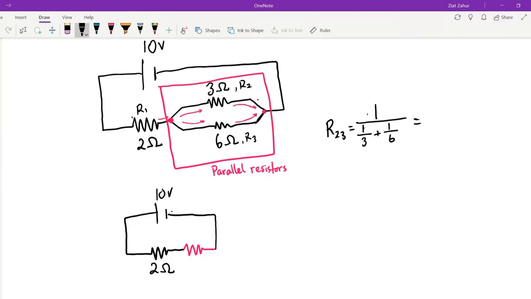That's 18 over 9, and that's 2. Using the inverses, this would be 2/6 plus 1/6, which is 3/6, and 1 over 3/6 is 6 over 3, which is 2.